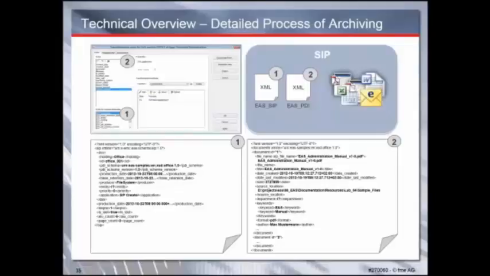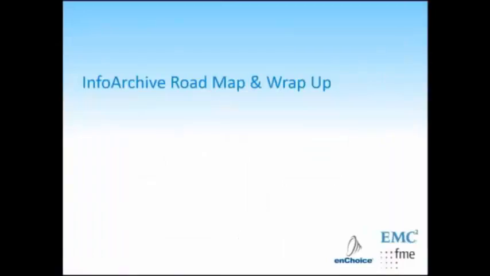All of that is automatically generated. So we're an accelerator. With our software we're able to automate or, through an interface, collect, configure, and package the information so that it can be ingested into InfoArchive. So we can go to the next step.